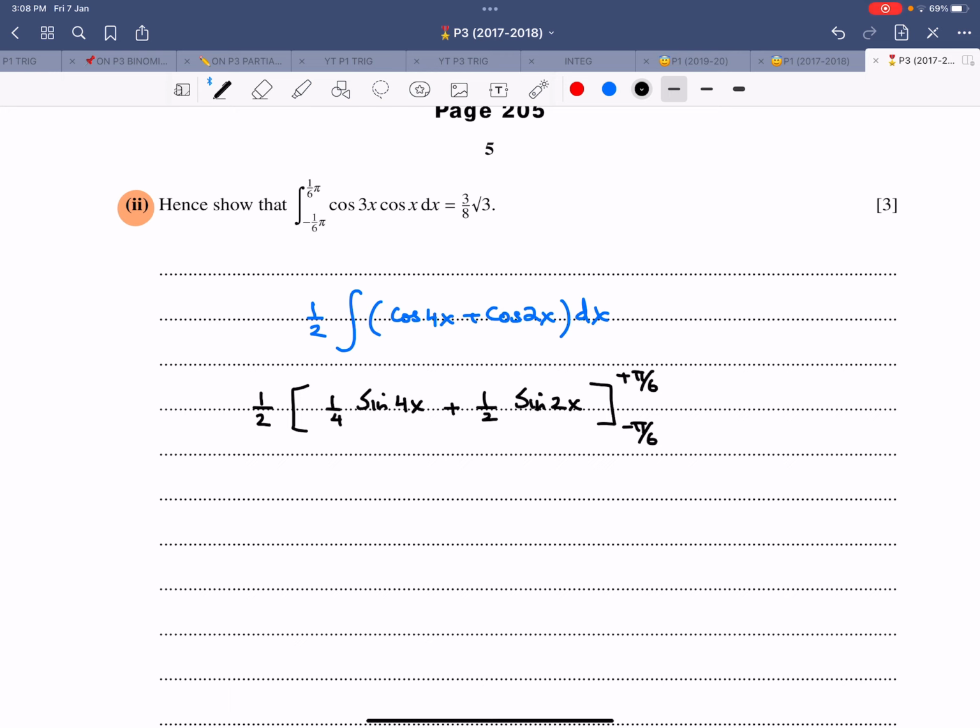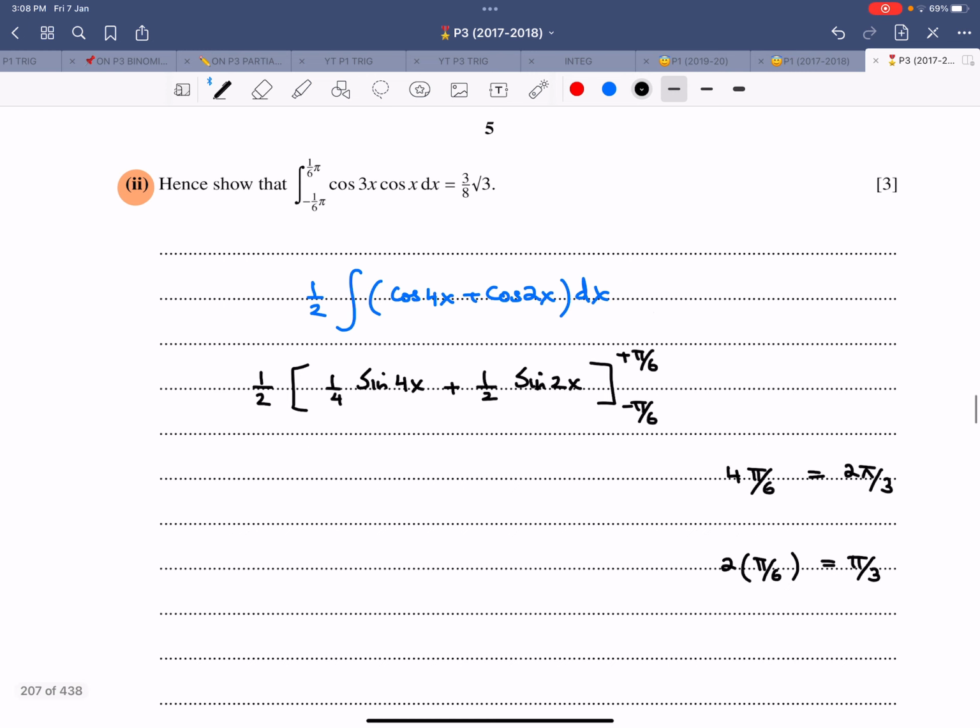Now keep this in mind: you're going to multiply the limits by 4. So 4 pi by 6 is basically 2 pi by 3, that's 120 degrees. Similarly, 2 times pi by 6 is pi by 3, that is 60 degrees.